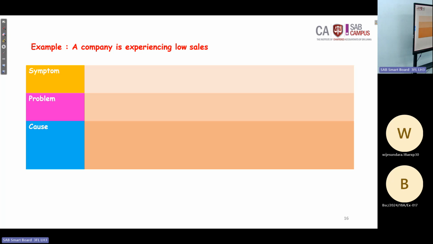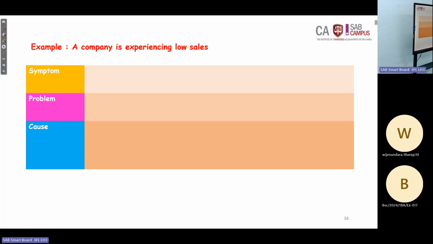Low cash flow, good. Sales decrease is a problem. Low quality products and then unsuccessful marketing strategies. Okay. Good. Symptoms.